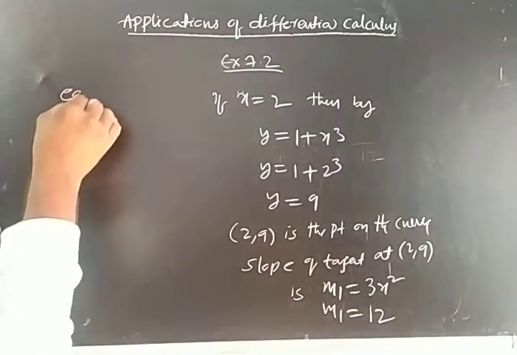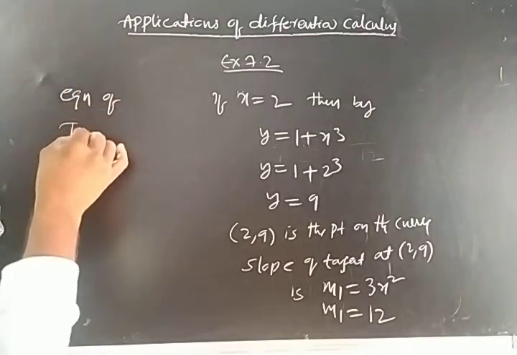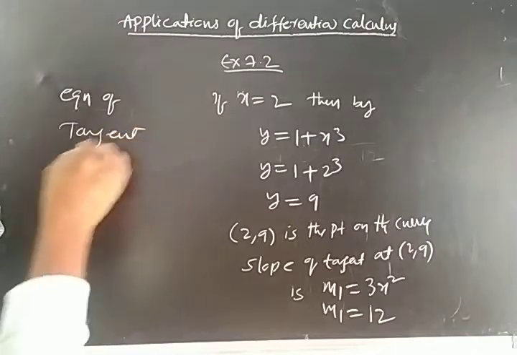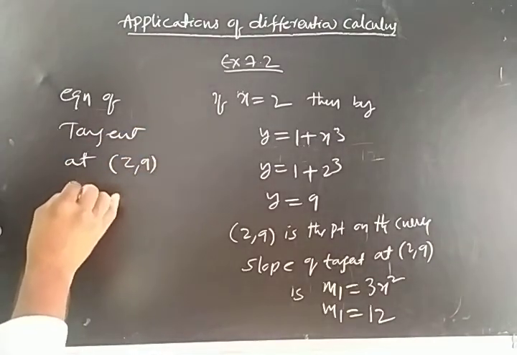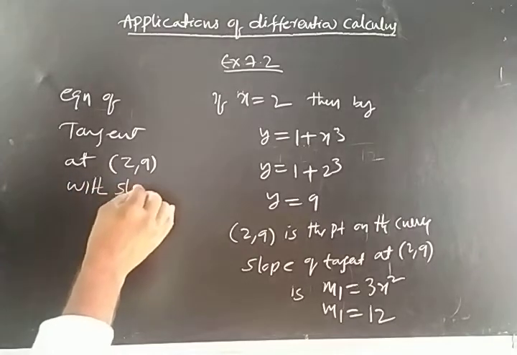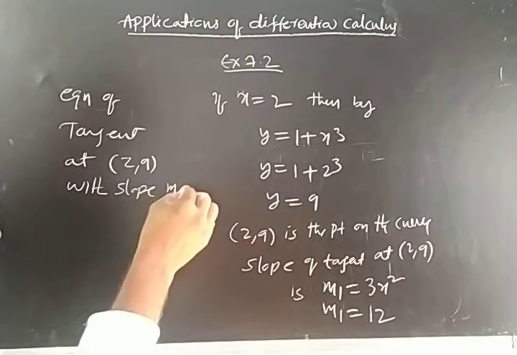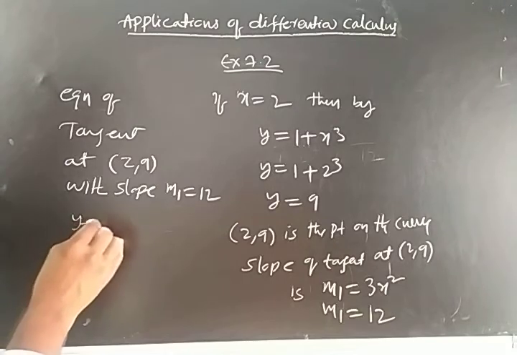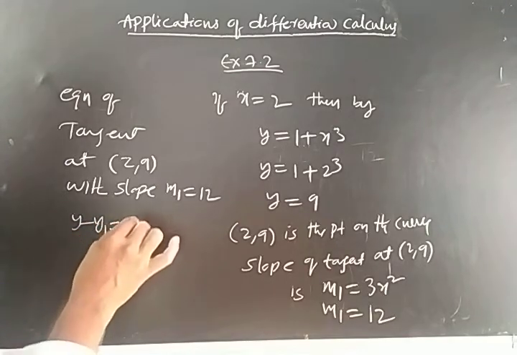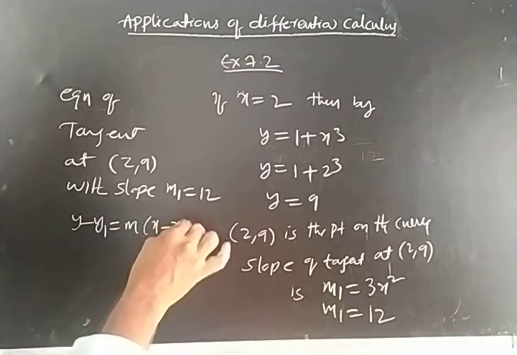So the equation of tangent at (2, 9) with slope m1 equal to 12 is y minus y1 is equal to m into x minus x1.